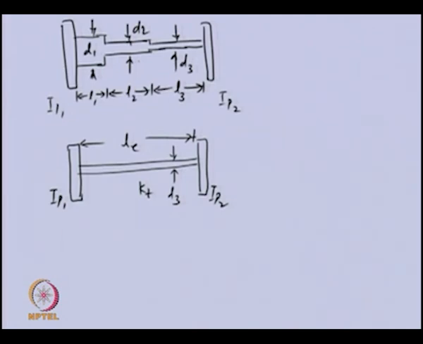So you can see that the stiffness of this, because these are connected in series, the equivalent torsional stiffness of this system will be given as, so these are the stiffness of the first shaft segment, second shaft segment and third shaft segment.